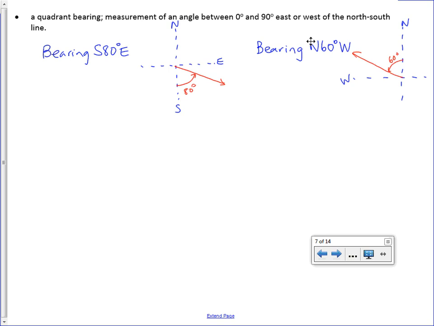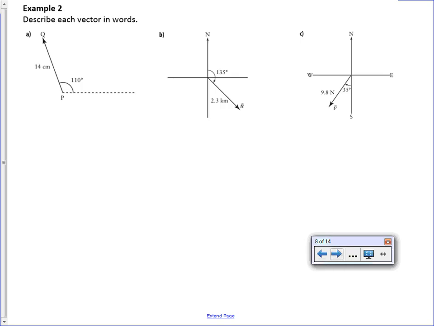Those are bearings. So let's just practice stating vectors in words given a picture. So here's a picture of 3 vectors actually, and I want you to look at the way that the information has been provided, and hopefully you recognize that one of each type that we just discussed is present here.